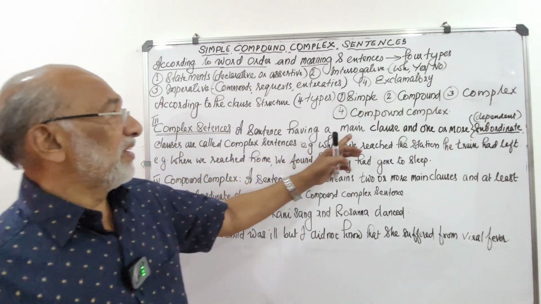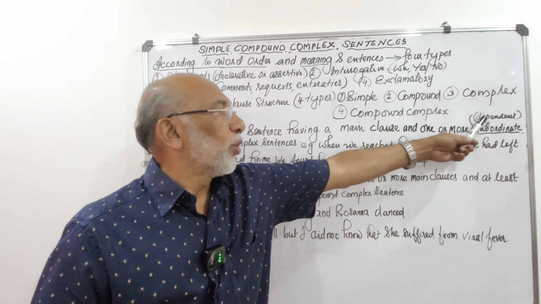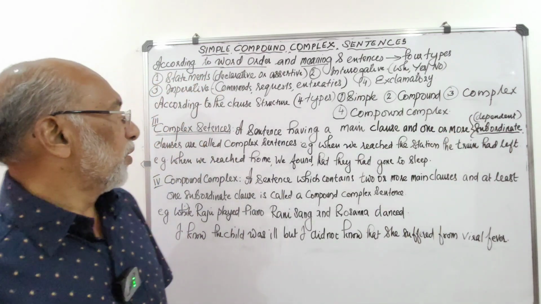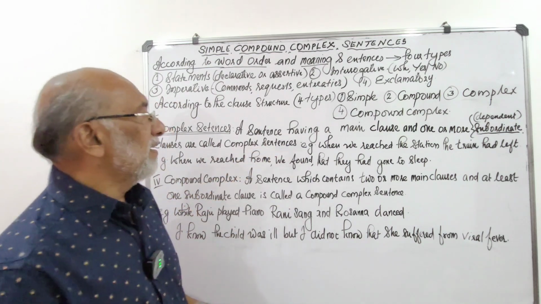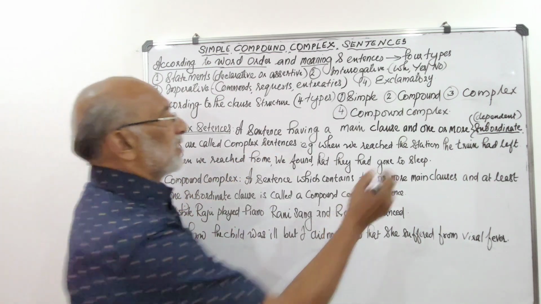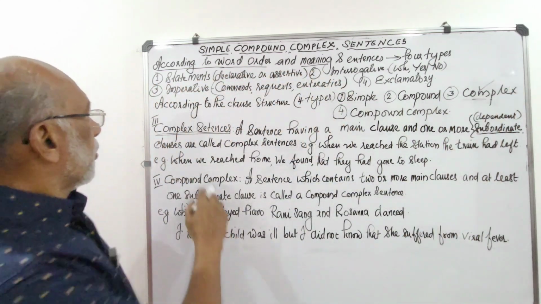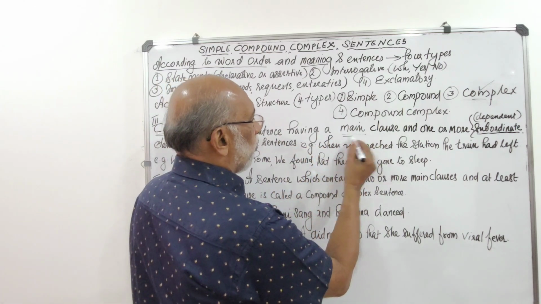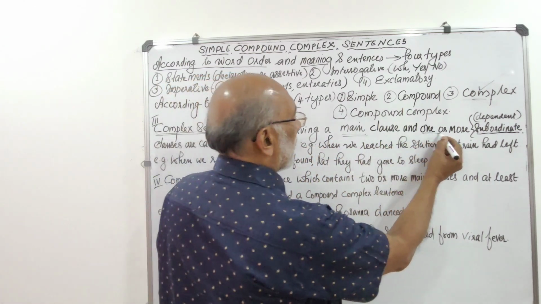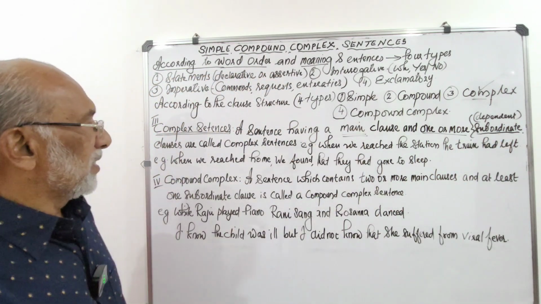A sentence having a main clause and one or more subordinate or dependent clauses is called a complex sentence. So today we are dealing with complex sentences. What is a complex sentence? A sentence having one main clause and one or more subordinate clauses or dependent clauses.